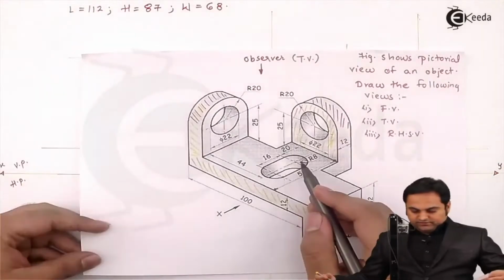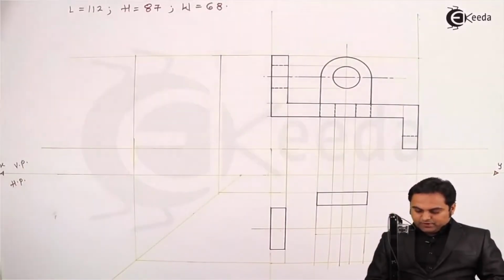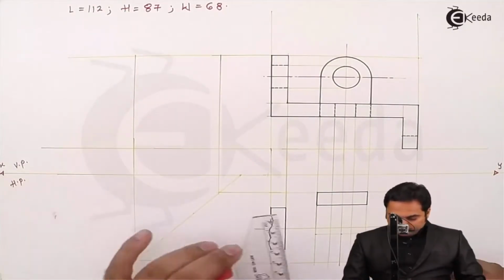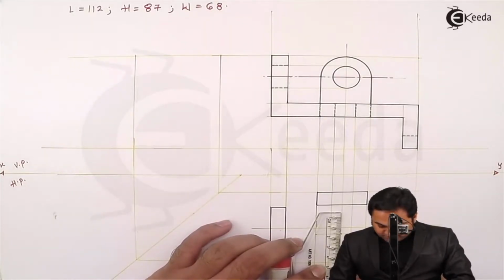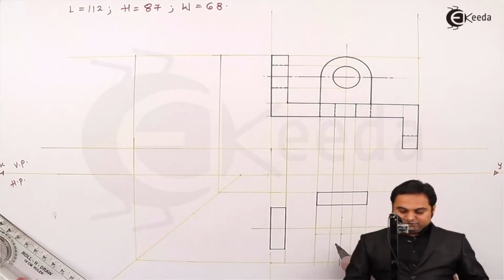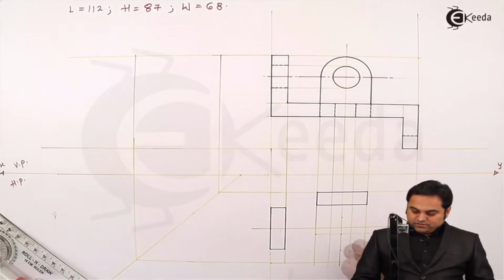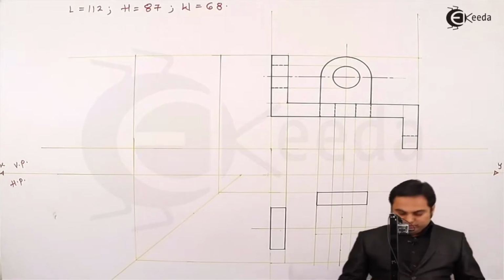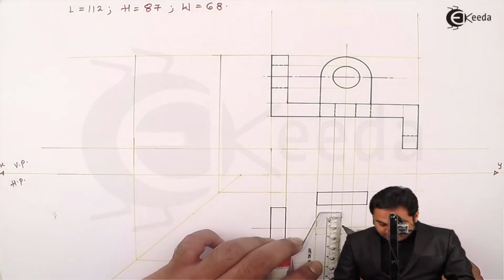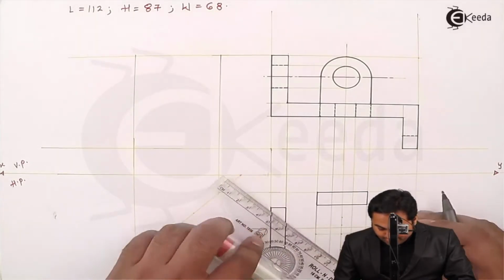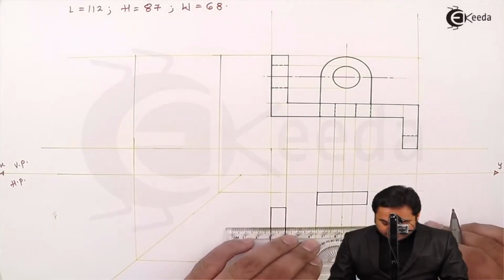So here the width of this portion is 32 mm, and from this location, that is the center, I'm marking 16 mm on one side and 16 mm on the other side. That gives me 32 mm. Within these points the surface should end, and it has a radius of 8. So from here I'm marking radius 8 and then drawing a light horizontal line through it.